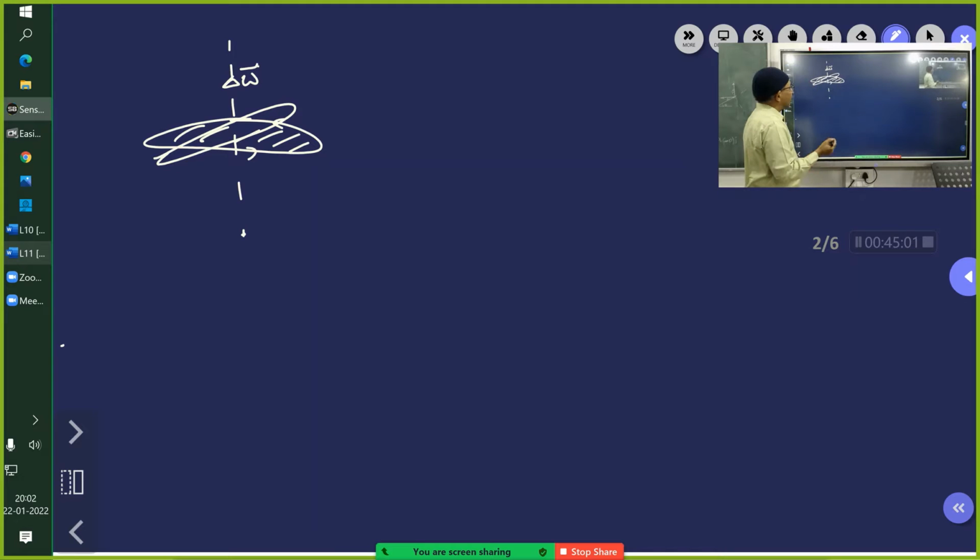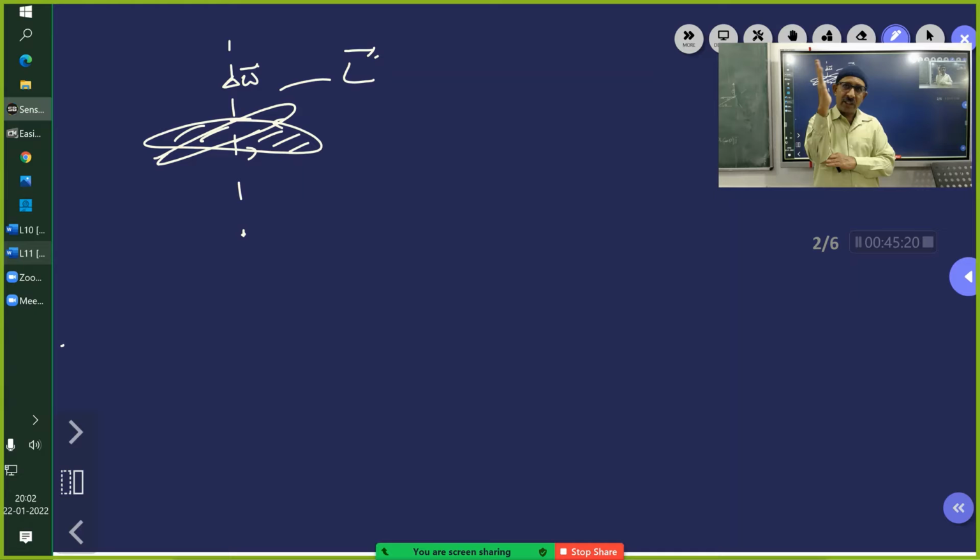By itself it will not change like this, because if the disc is rotating like this, its angular momentum is conserved. Now, if you want the system rotating like this to come like this, what happens? The angular momentum has now changed.